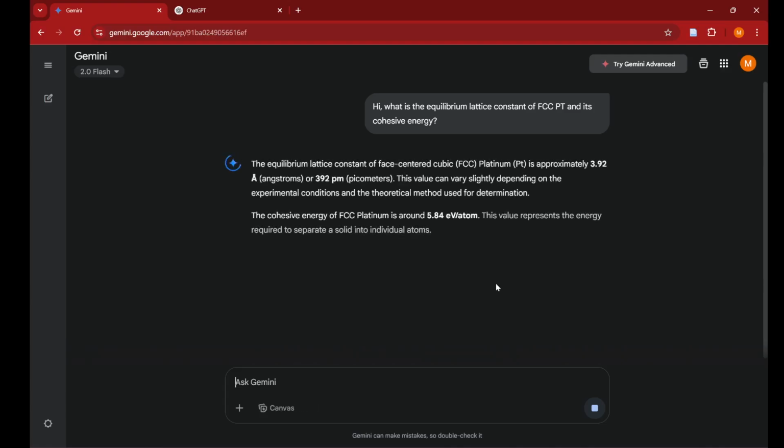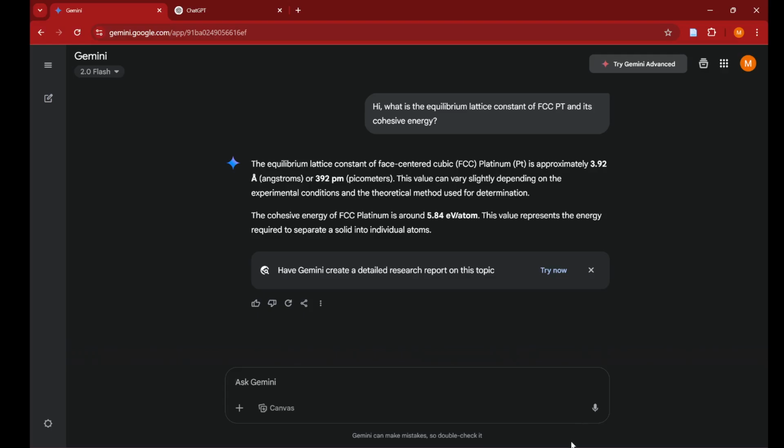All right, so it's reporting the correct lattice parameter, 3.92 angstrom. And the cohesive energy, it's just using the positive convention, so it's giving 5.84.